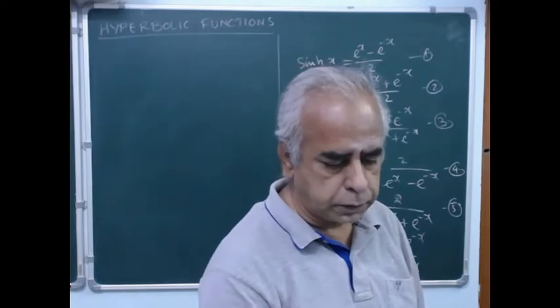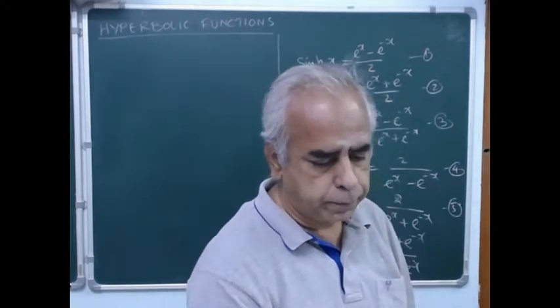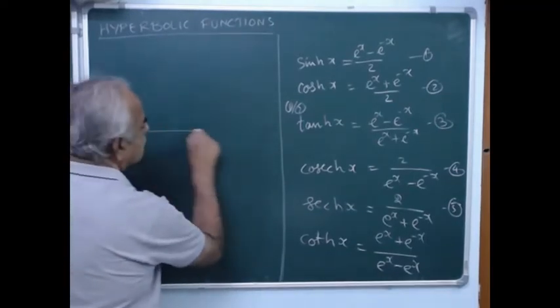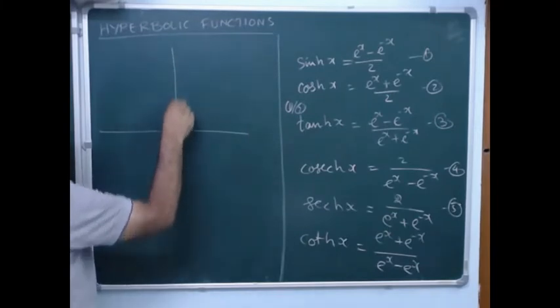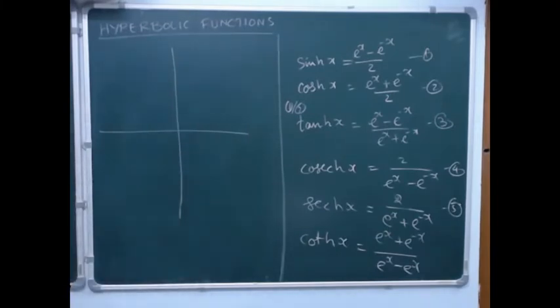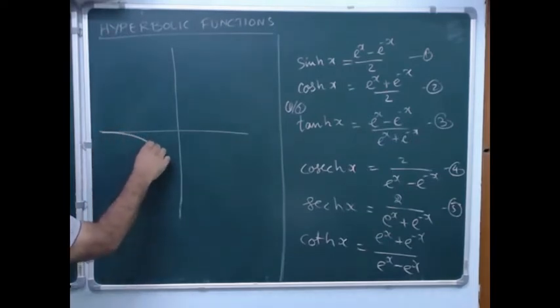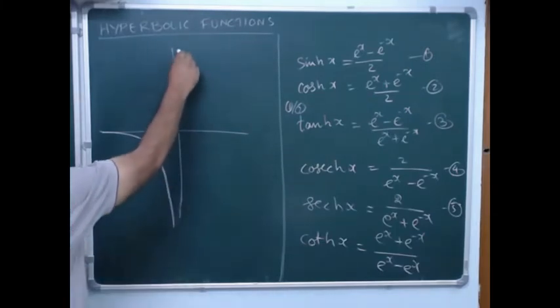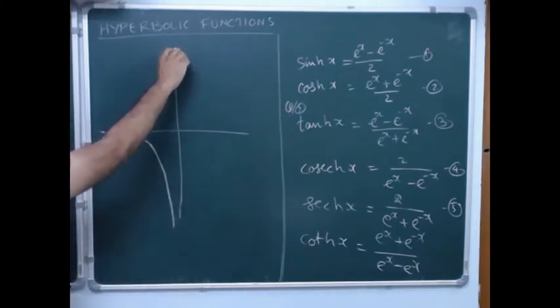We can represent the cosecant and secant of the hyperbolic function like this. The cosecant can be drawn like this. So this represents the cosecant hyperbolic function.